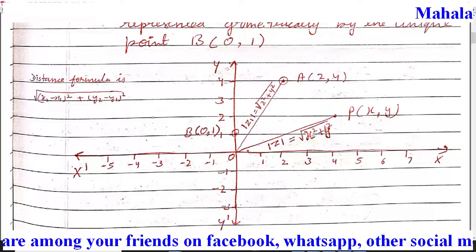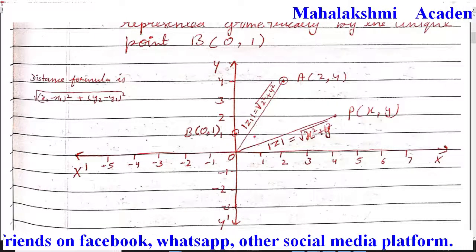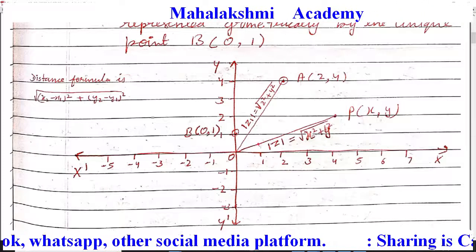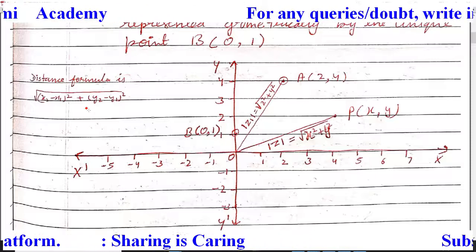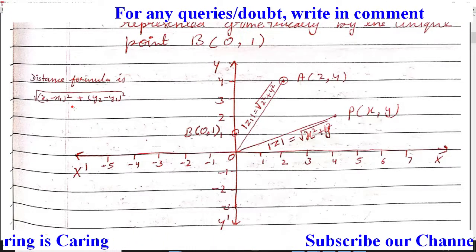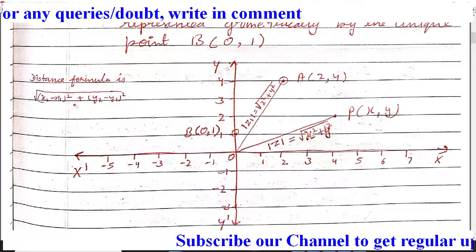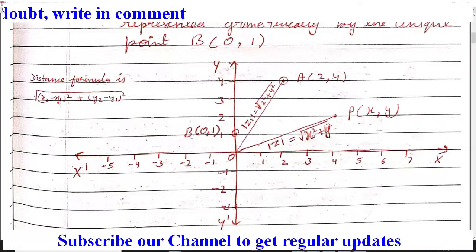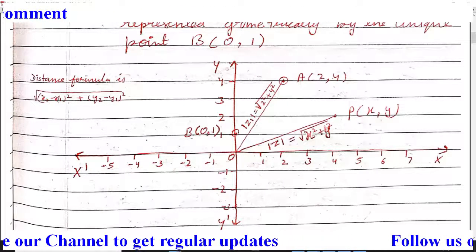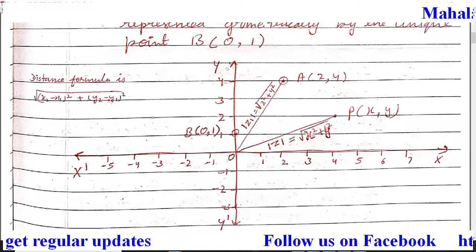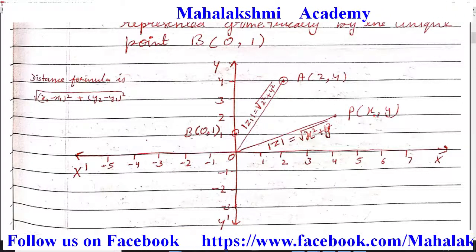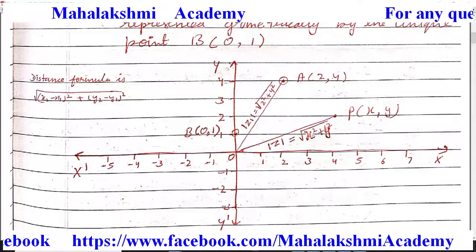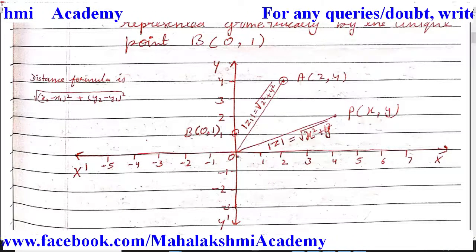Now if you focus on this distance, the OP distance, to calculate it we are going to use the distance formula. Here I wrote in short the distance formula which you already learnt in your 10th class. The distance between two points is the square root of (x2 minus x1) whole square plus (y2 minus y1) whole square. So this x comma y is going to be your x2, y2, and the origin's coordinates are 0 comma 0.